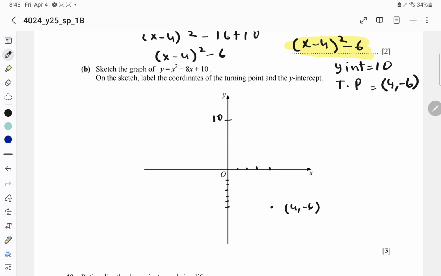Then join together, and it is an x square type graph where (4, -6) is the minimum point. This is the turning point, (4, -6), and 10 is the y-intercept in this question.